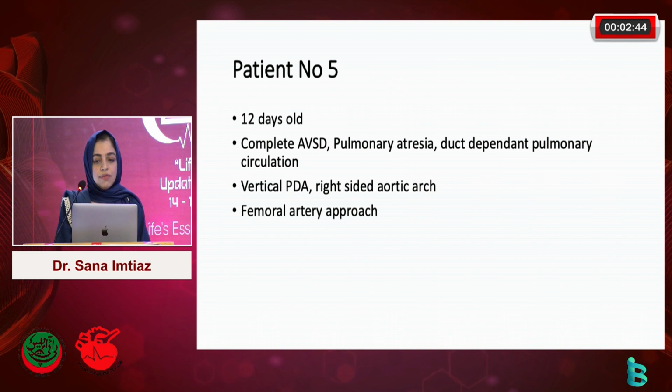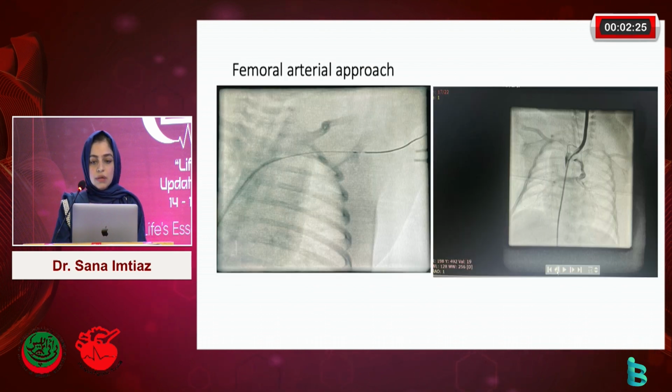The next patient is a 12 days old patient with complete atrioventricular septal defect, pulmonary atresia, and duct-dependent pulmonary circulation. The patient had a vertical PDA and a right-sided aortic arch, and we went for a femoral artery approach. The femoral artery approach is the most commonly used approach because of the ease of femoral arterial access.